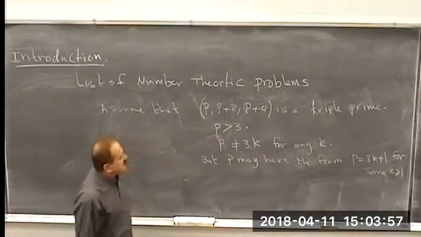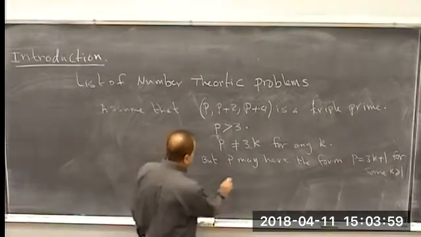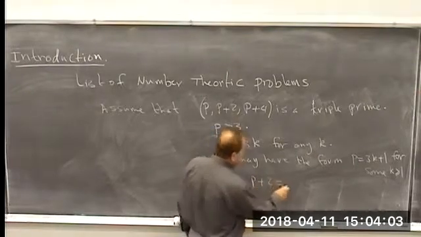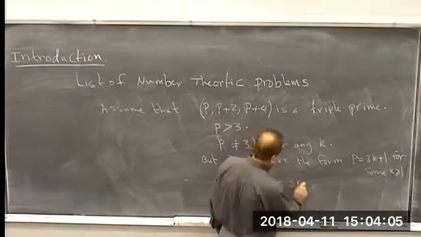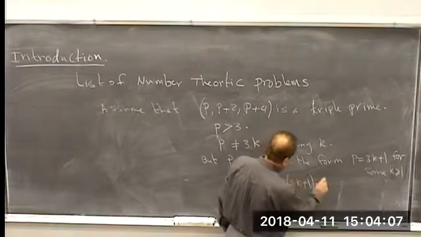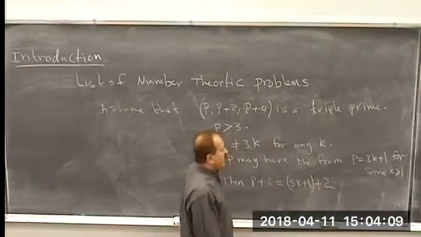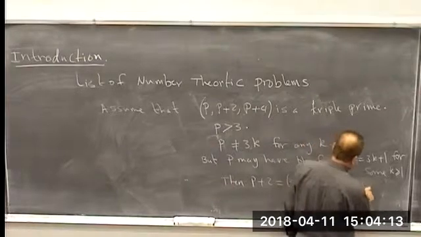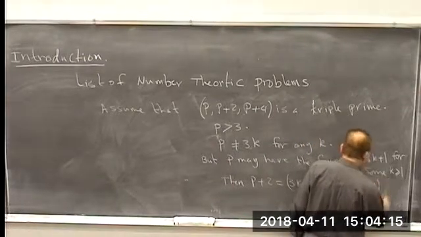Well, in this case, let's look at what P plus 2 is going to be equal to. 3K plus 1 plus 2 becomes a multiple of 3.